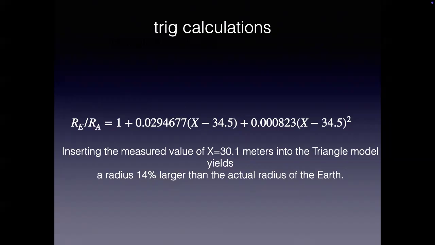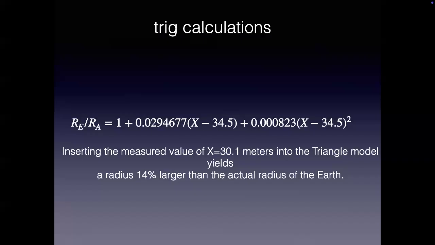If you insert the measured value of X, that's the distance down from the bottom of the roadbed to the top of the Richmond Bridge, you'll find that you get a radius 14% larger than the actual radius of the Earth. All right, so that's where we are with our accuracy with this round Earth model.